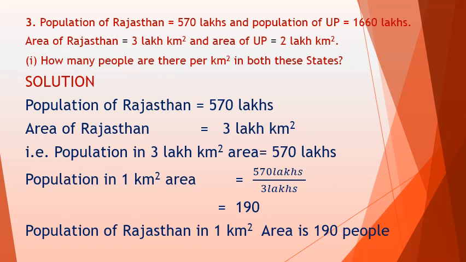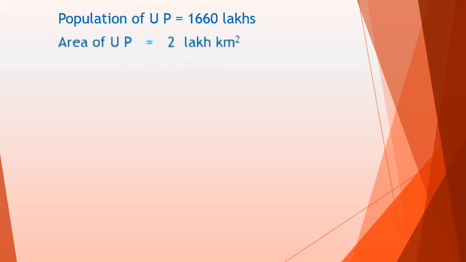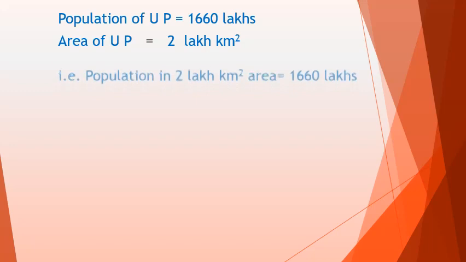With the same method, we can find the people living in 1 kilometer square area in UP. Population of UP is given as 1660 lakhs. Area of UP is 2 lakh kilometer square. That means in 2 lakh kilometer square area, 1660 lakh people live.